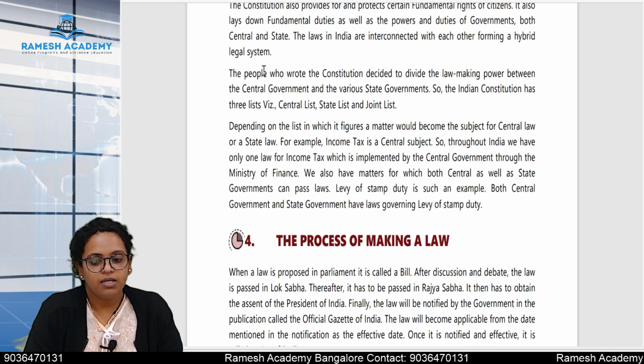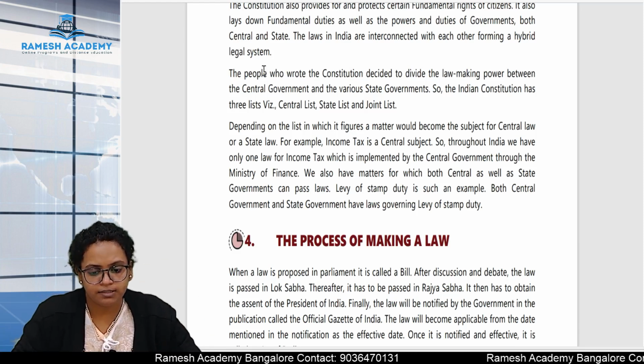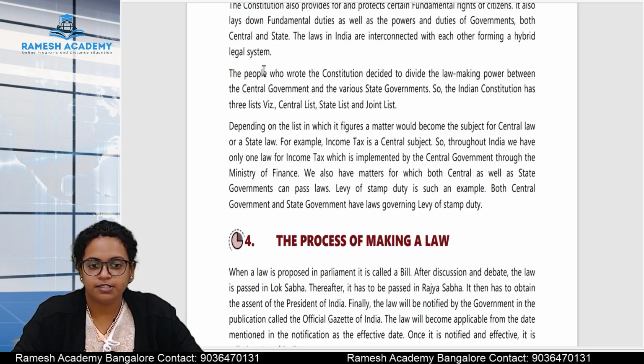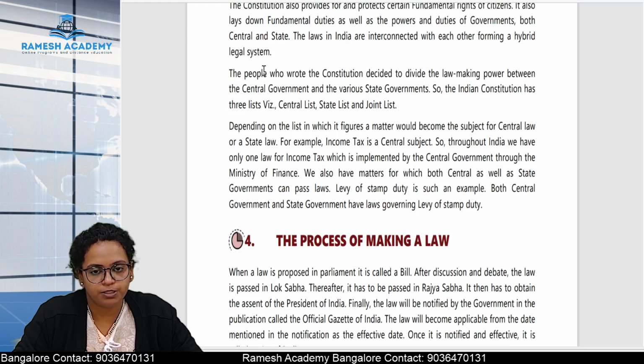Okay. Now let me make you understand these: the state laws, central list, state list and joint list. In the central list, the central government has the power to make the laws. In the state list, the state government has the power to make the laws.